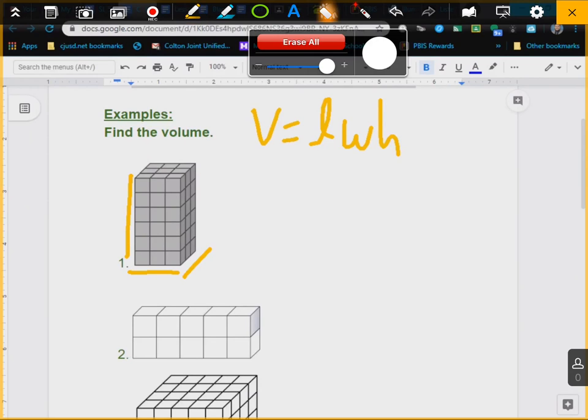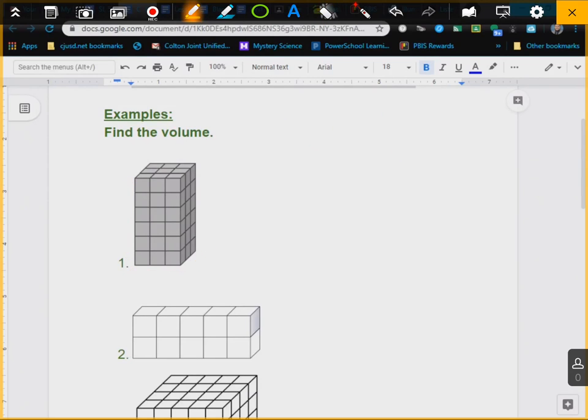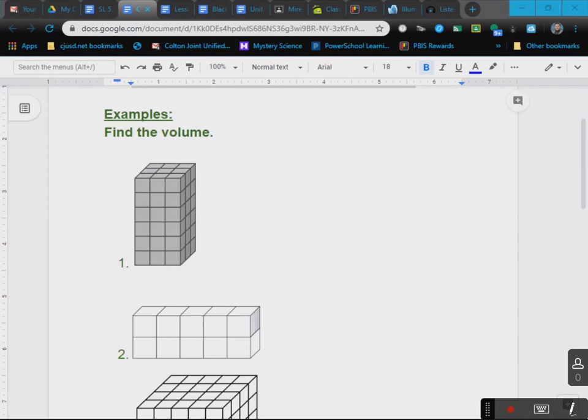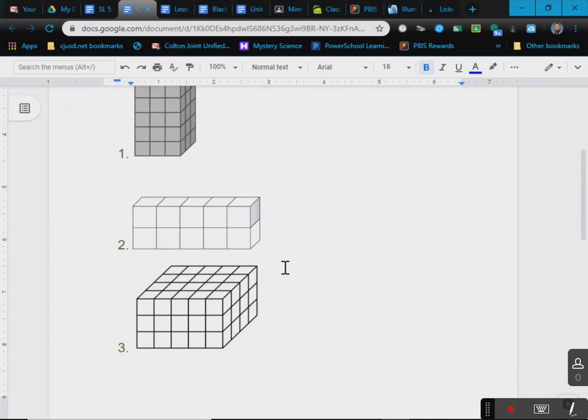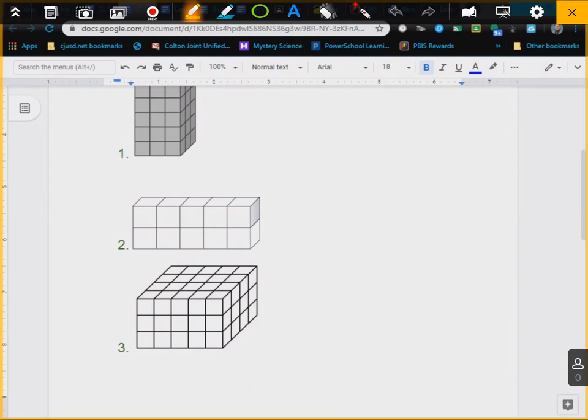Okay, so let's go ahead and do number 2. It might just be easier for number 2 to just count the blocks. Could we just count the blocks here? Yeah, absolutely. We got 1, 2, 3, 4, 5, 6, 7, 8, 9, 10. So we know that the answer is 10 cubic units. Now, if you wanted to do volume for this one, remember, volume equals length times width times height. The length is going to be 5.